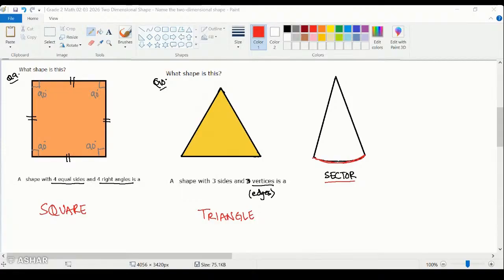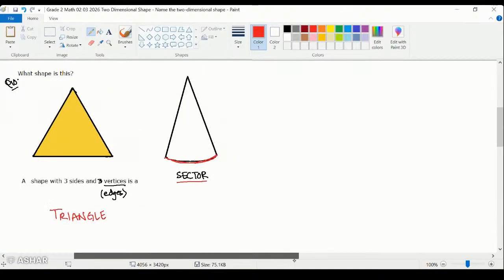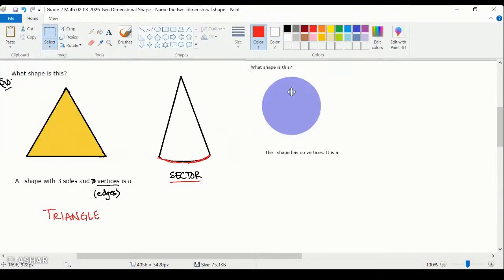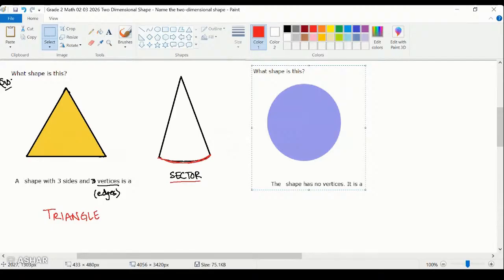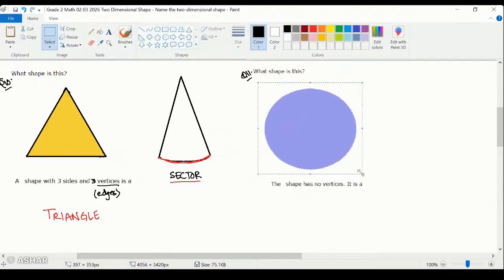Okay, a shape which has no vertices. It is a, okay, question number 11. A shape which has no vertices is known as, yes, perfect.